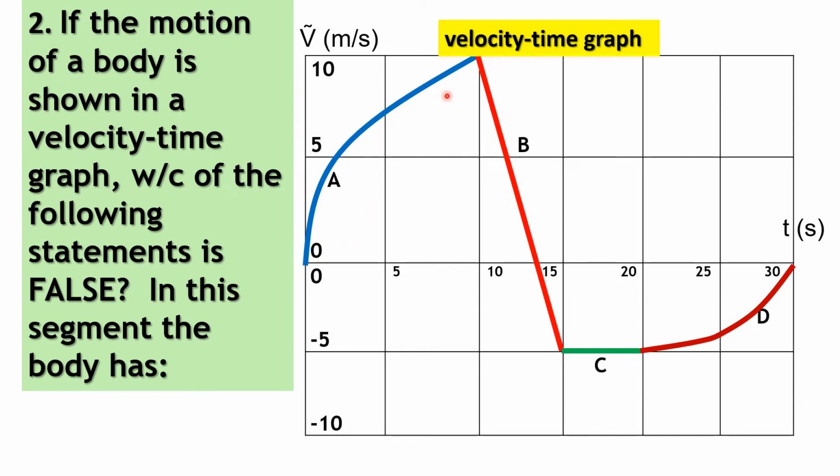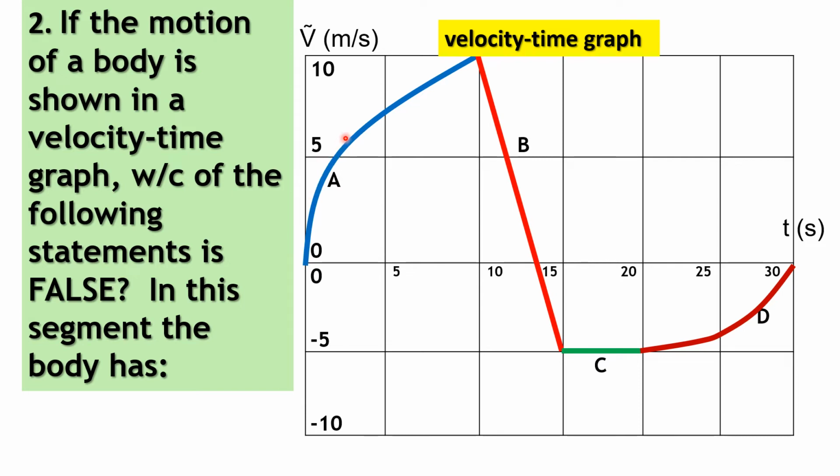So the usual process of getting the slope, delta V over delta T, can only be used if we assume that the graph is straight. But since it's a curve, what we should do, for example, if you want to know the instantaneous acceleration at this point here, look at the cursor, at about a little below 2.5 seconds, is determine the acceleration graphically by drawing a line tangent to that point.